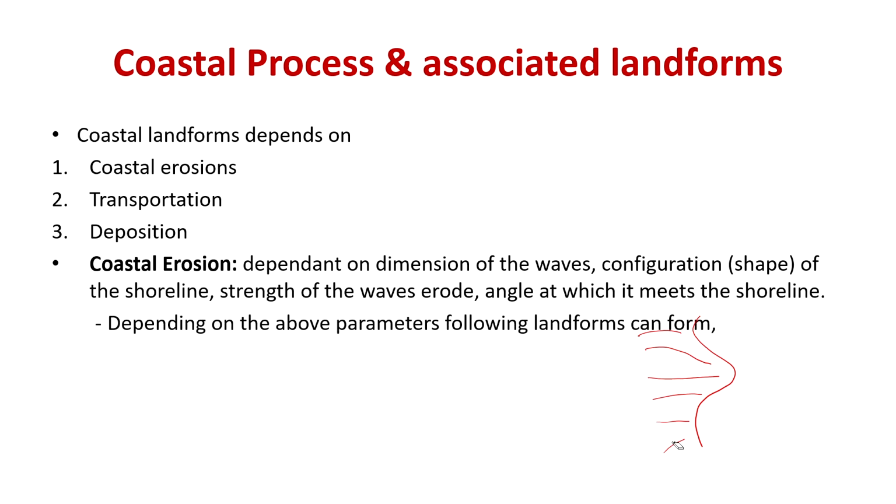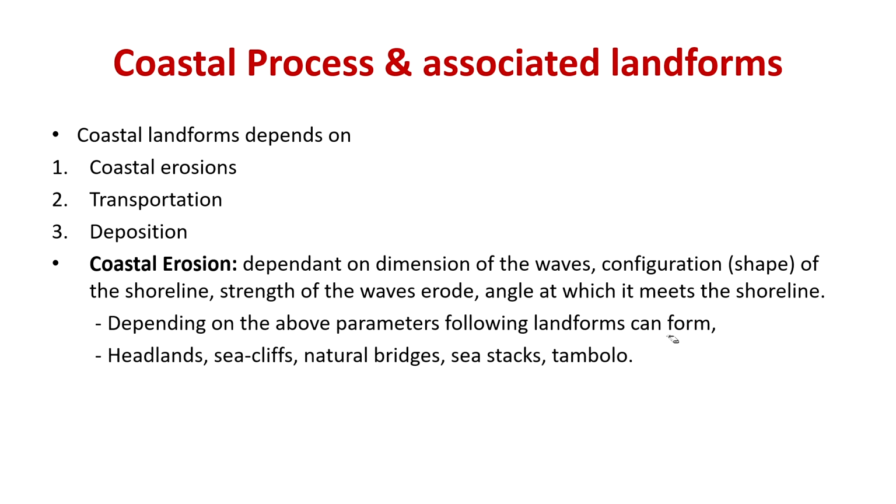Then further, depending on the above parameters, the following landforms can form. Now, what are these landforms? One is the headlands, sea cliffs, natural bridges, sea stacks and tombolo. These are the few landforms which will be typically the most common landforms seen along the coastline, if it is a rocky coastline.